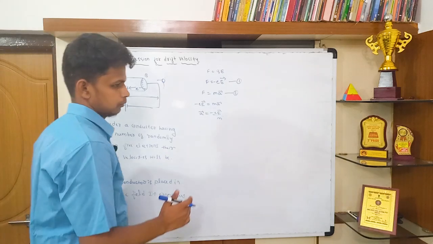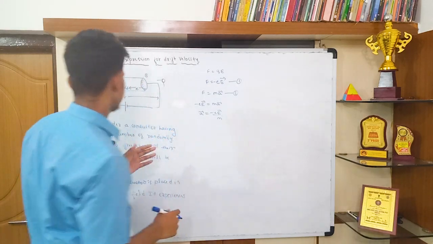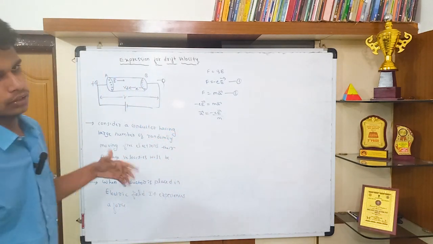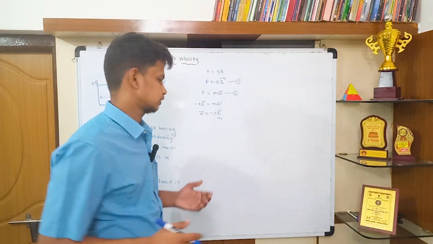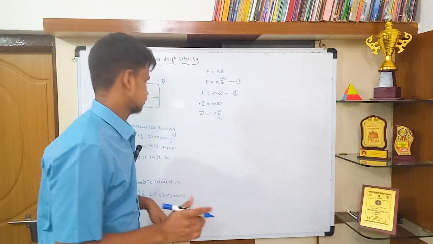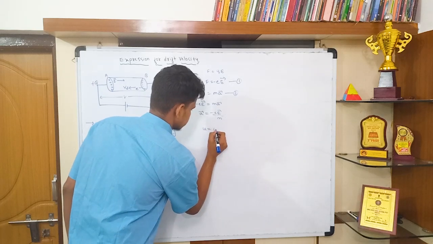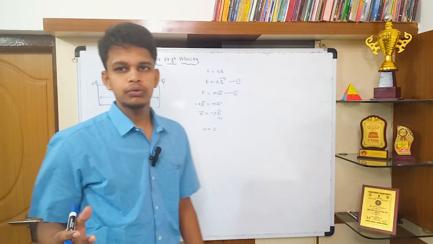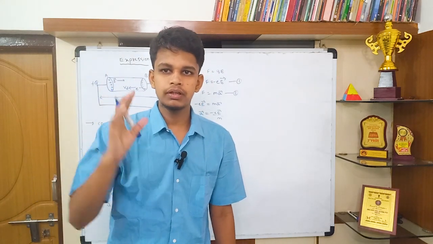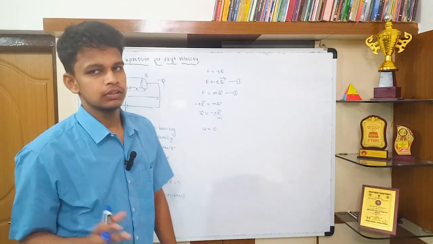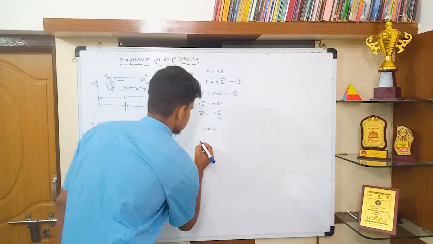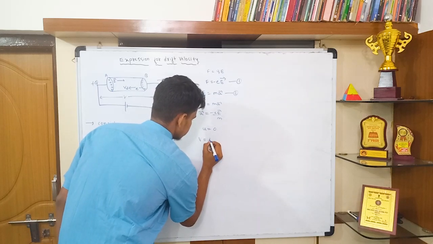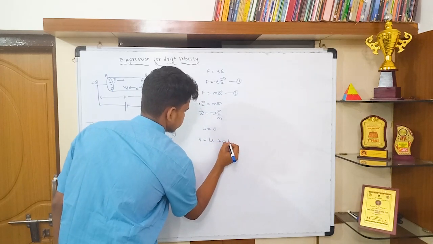After this, you have to see that the initial velocity will be 0. We are finding the final velocity, for which we know the basic formula from first year physics: v equal to u plus at. So write that now, v equal to u plus at.